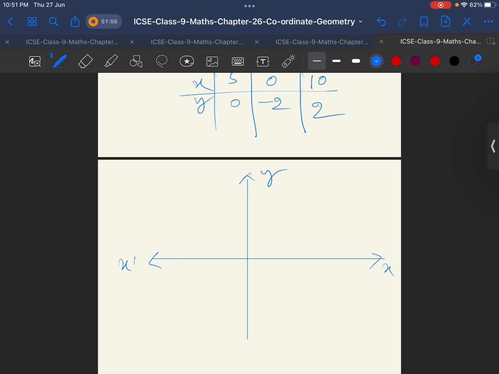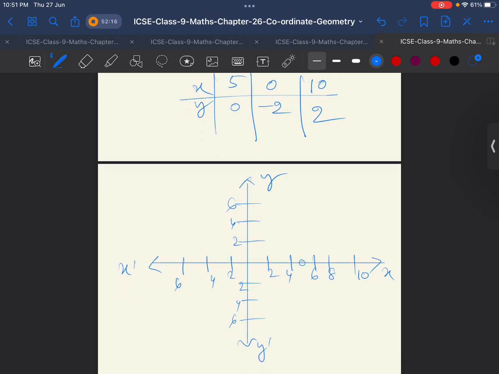Okay, x dash, y dash. First (5, 0) is here, (0, -2) is here, and (10, 2) is here. So now we draw the straight line. So this is the straight line.